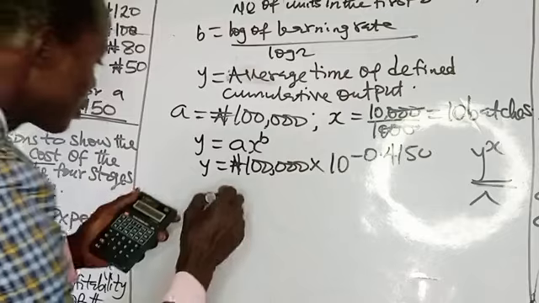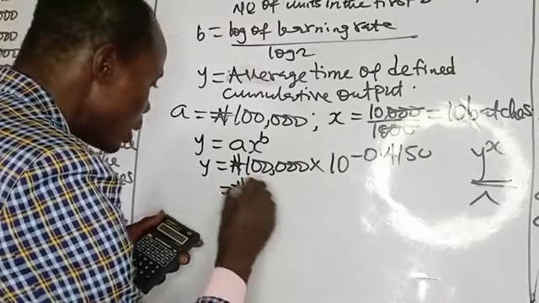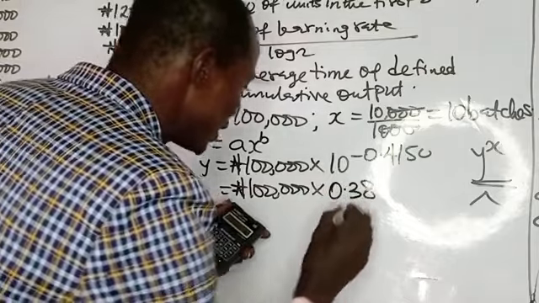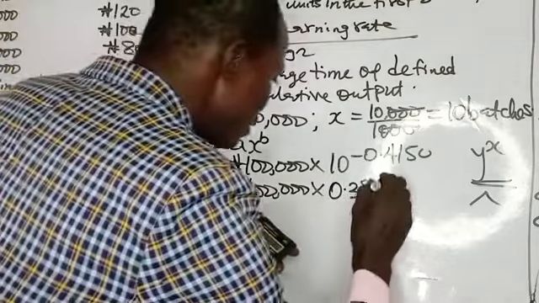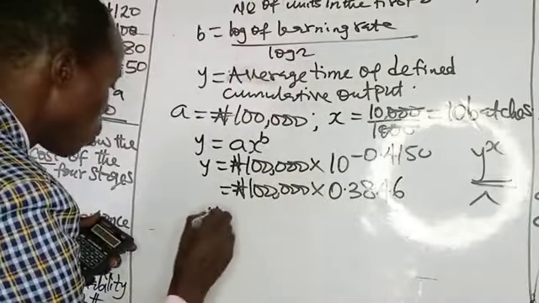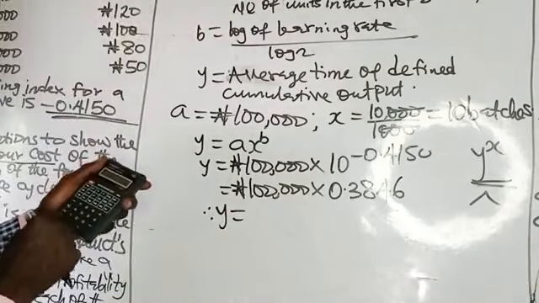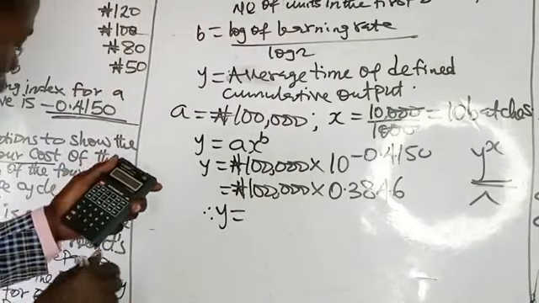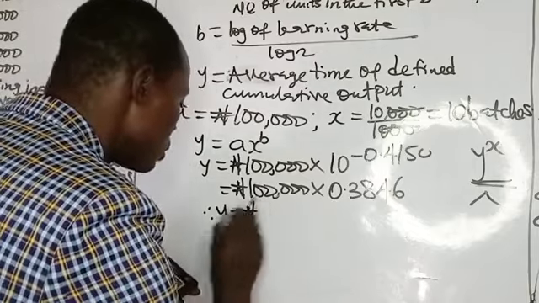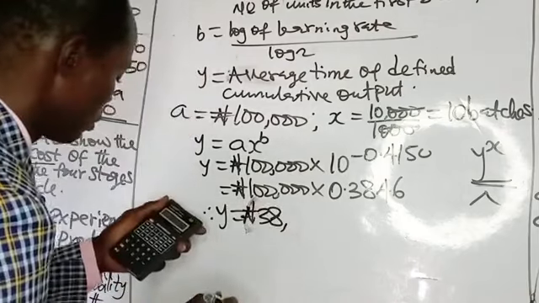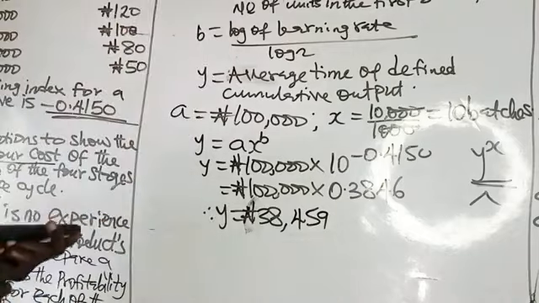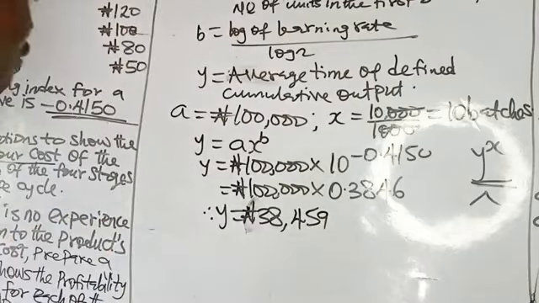So this gives us 100,000 times 0.3846. Multiplying by 100,000, y equals 38,459. That is the value of y.